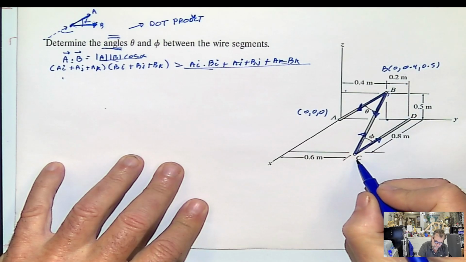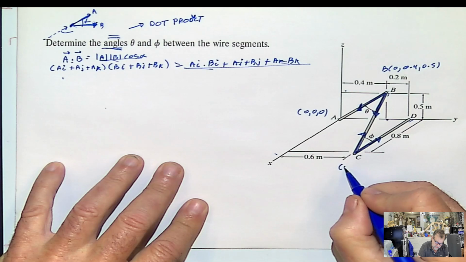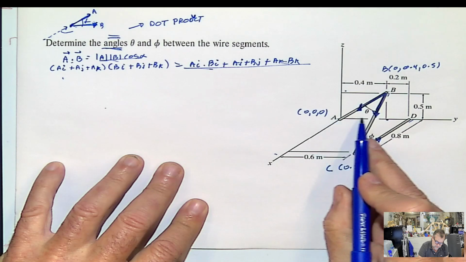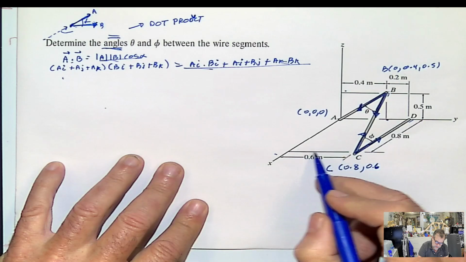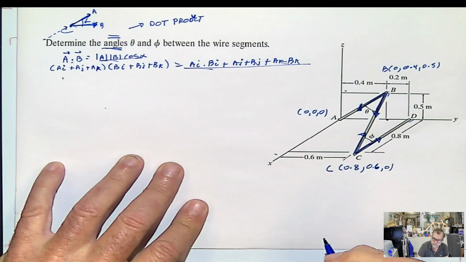What are the coordinates of the point C? In X, it's going to be this, 0.8. In Y, it's going to be this, 0.6. And in Z, it's going to be 0 because the point C is over the XY plane.